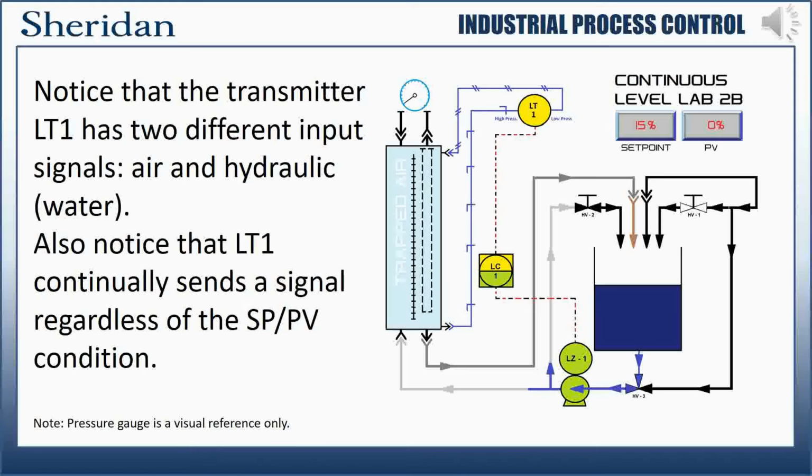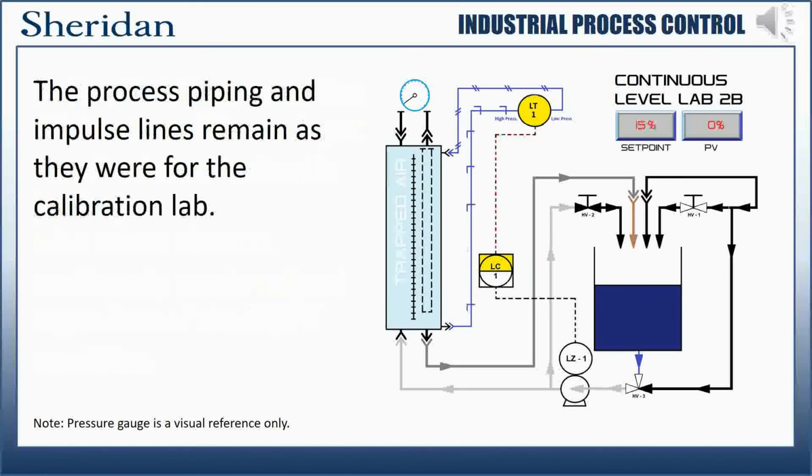Notice that transmitter LT1 has two different input signals, air and hydraulic, water. Also notice that LT1 continually sends a signal regardless of the set point process variable condition. The process piping and impulse lines remain as they were for the calibration lab.